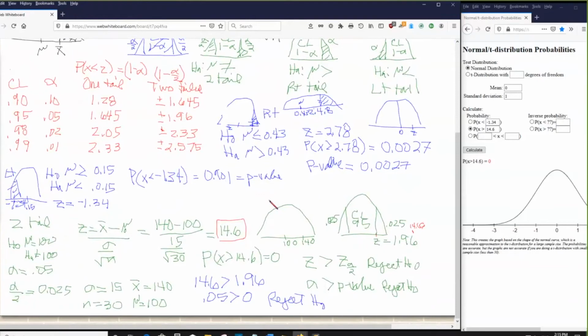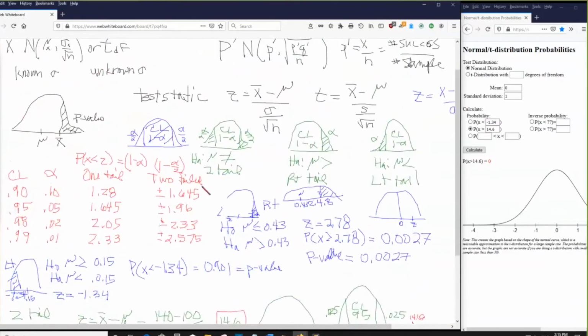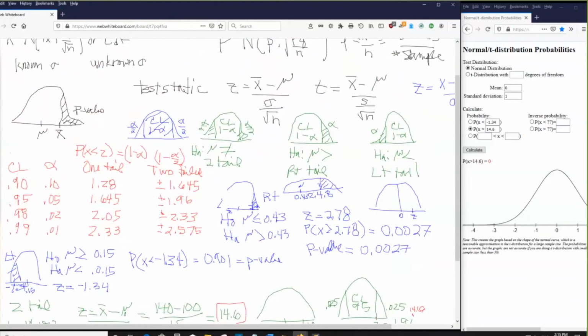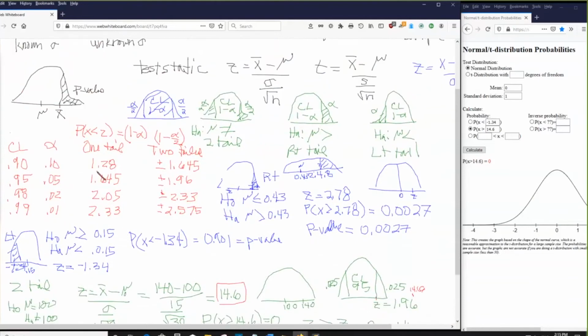Okay, any questions so far? I don't know that I'm explaining this as clearly as I would like to, but I think it will make more sense when we do example problems. The one thing I wanted you to see is that if it's one-tailed, you're going to subtract the alpha. If it's two-tailed, you're going to subtract the alpha over 2.